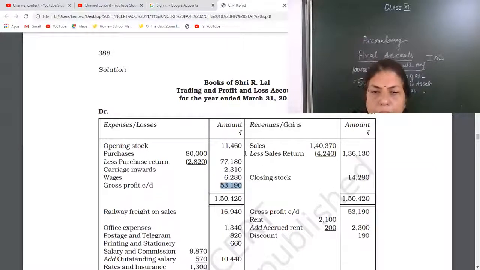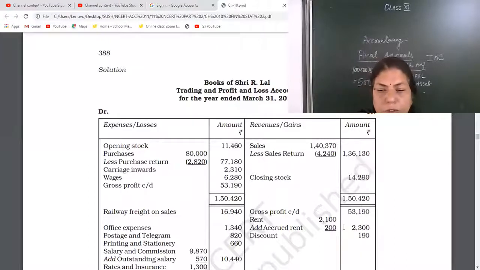Because credit minus debit, then you will come to know gross profit. And gross profit c/d means carried down, but in the bracket you should write gross profit transferred to P&L account. Because with the help of this profit we will start the P&L account. So that total will end by double lines.